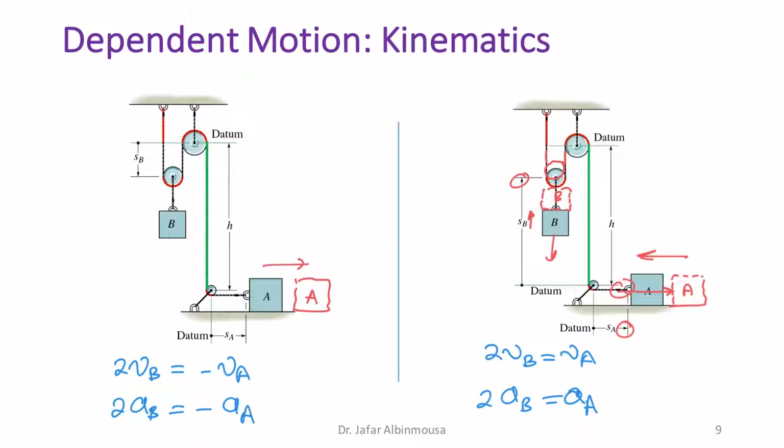And this is why you will put a positive number over here, and you get it multiplied by a negative, so you get negative, which means that the velocity of A is going to be some constant number, but it has a negative sign. And the reason is that as A moves to this direction, B will move up.